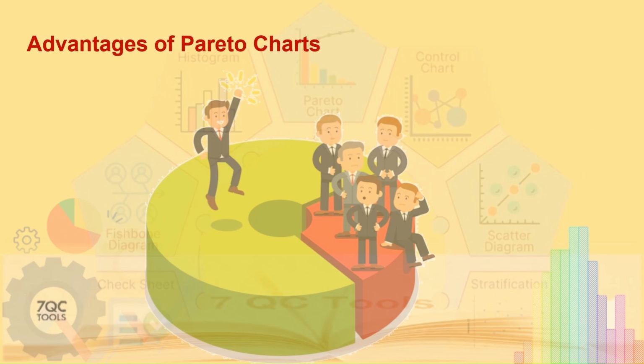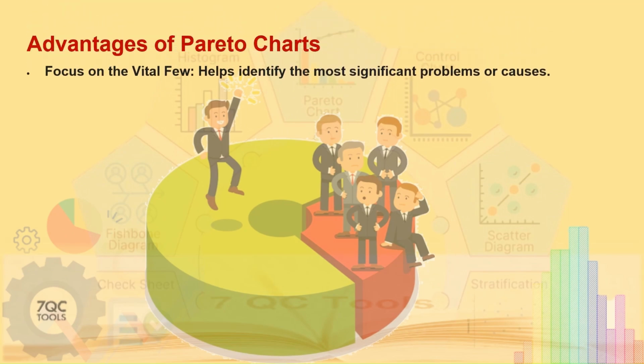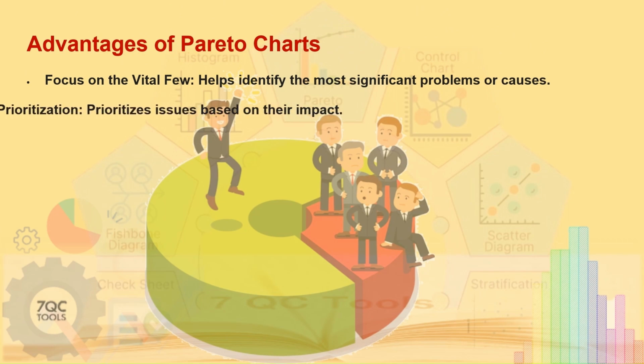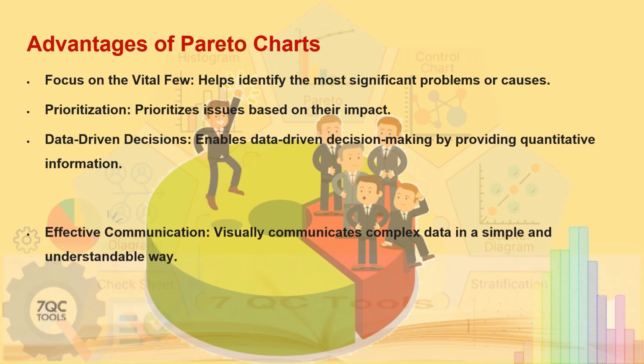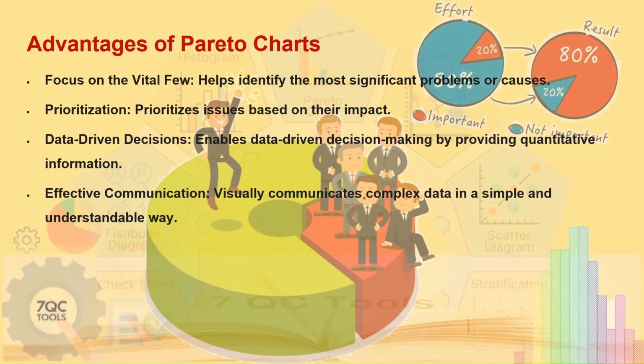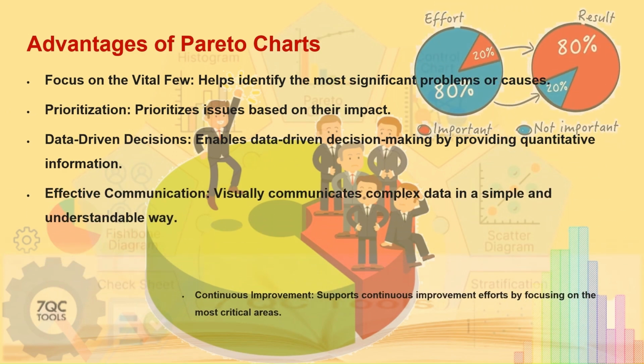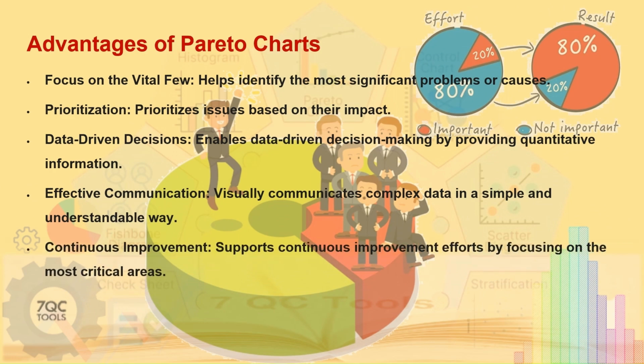Pareto helps to focus on the vital few and to provide priority based on impact. It provides visual communication and helps with data-driven decision making. This tool is very useful for continuous improvement as the 20% causes keep changing after each improvement.